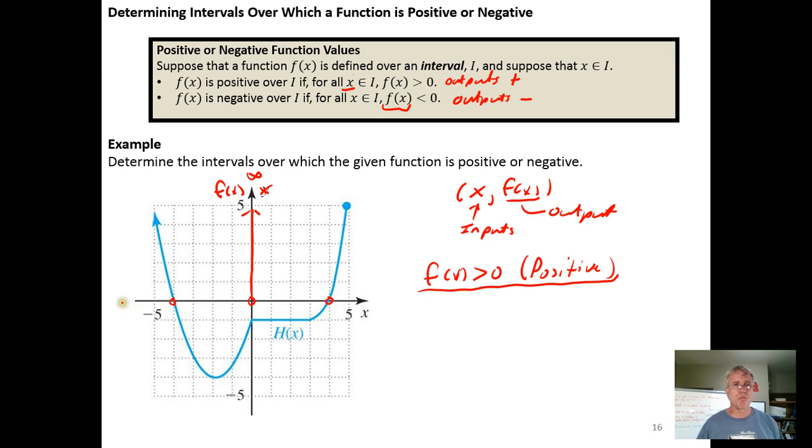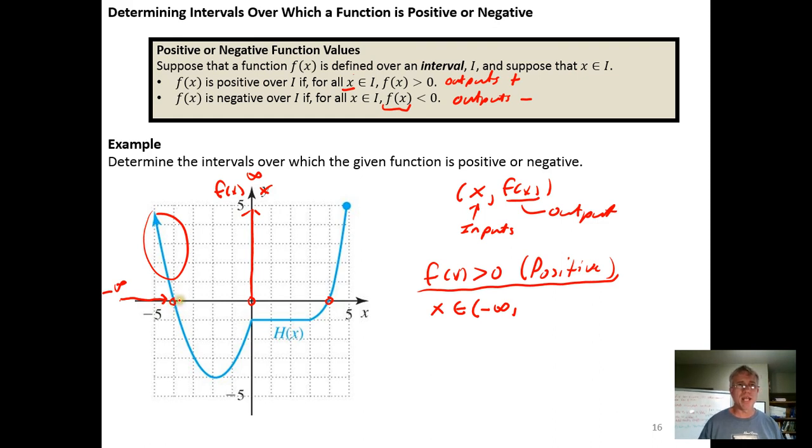As I move from negative infinity along the x-axis towards the place where the function output is 0, I see that the function is everywhere above the x-axis over that interval. So I start off by saying the function is greater than 0, or positive, as long as x is an element of, coming from negative infinity, up until this point where we get an output of 0.